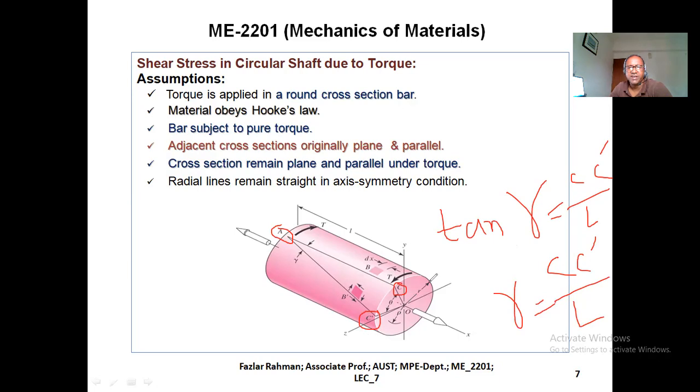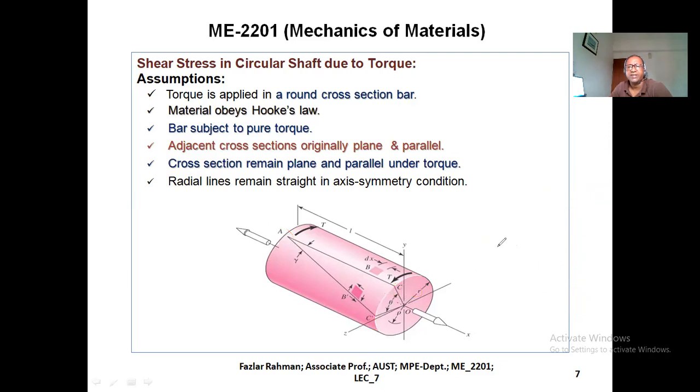You see, this shaft has radius R, so what will the arc length CC prime be? It is r into theta, because the line is making angle theta. That is why gamma equals r theta divided by L. It will be explained in the next slide.